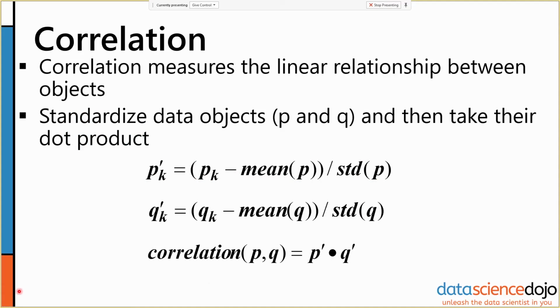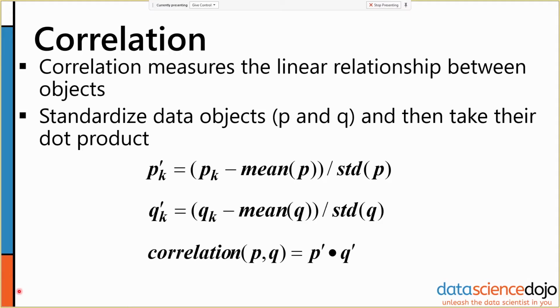The last, another very common one that I'm sure Ron in particular is very familiar with as a statistician, is correlation. So correlation measures essentially the linear relationship between the objects.